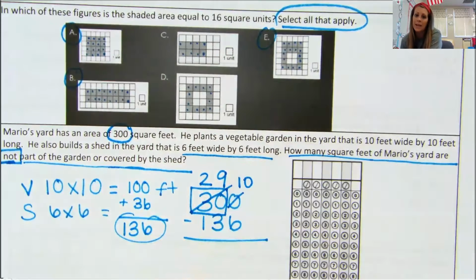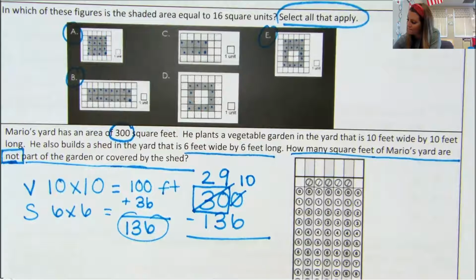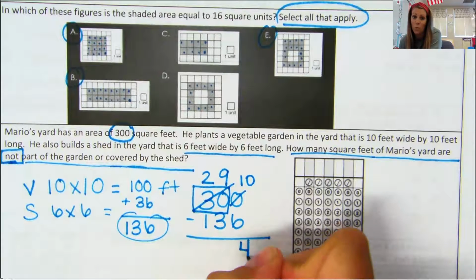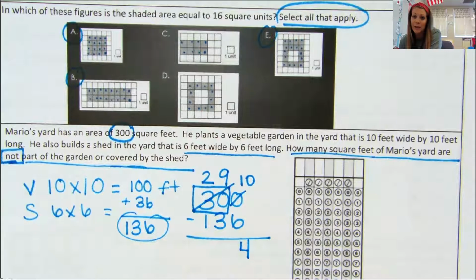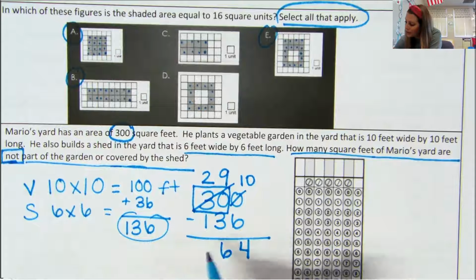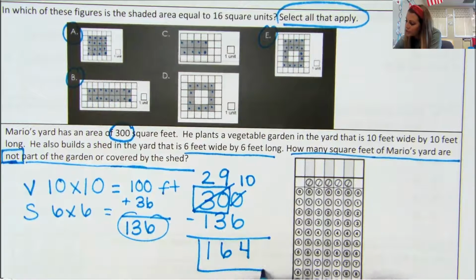So what's 10 minus 6? 4. What's 9 minus 3? 6. And what's 2 minus 1? 1. So our answer is 164 square feet.